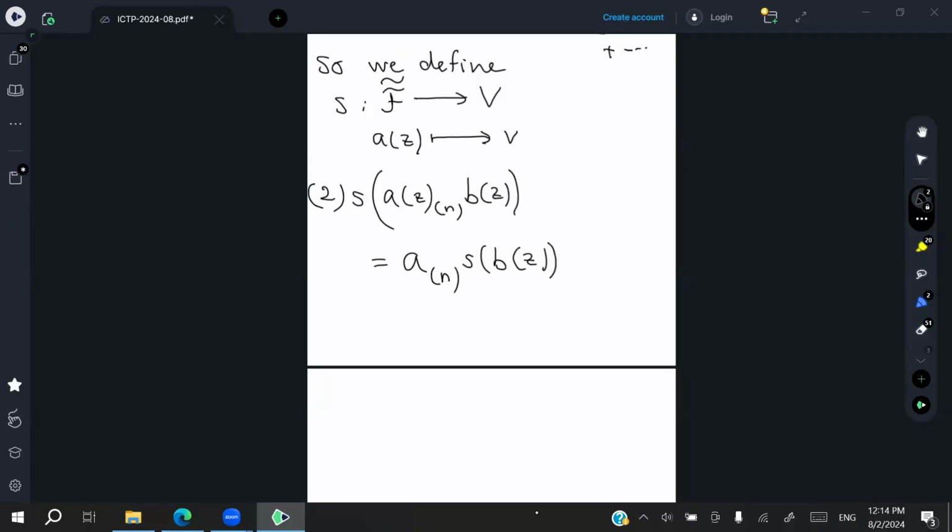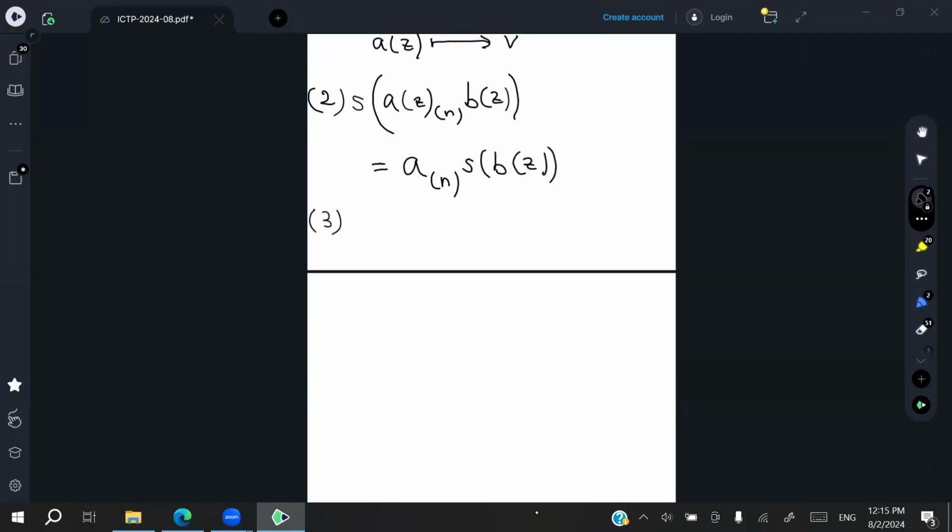And now recall at the beginning I said that our choice of convention for putting the coefficients into a generating series was more or less arbitrary, but it was sort of a convenient choice of convention. Well, this is sort of the point at which we see it's particularly nice to choose to index our coefficients in this way so that it gets along well with this other notion of nth product between quantum fields. Okay, so we have S, which is sort of intertwining a set of fields and the underlying vector space in a certain sense, right?